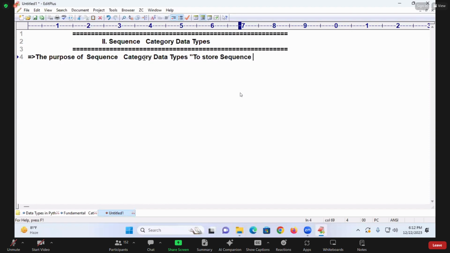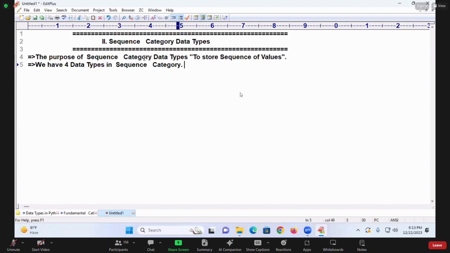To store this sequence of values, we have 4 data types in the sequence category. What are those?